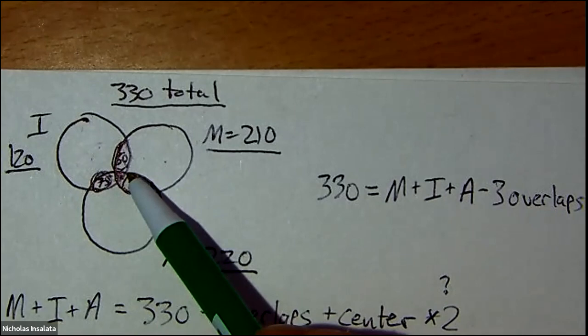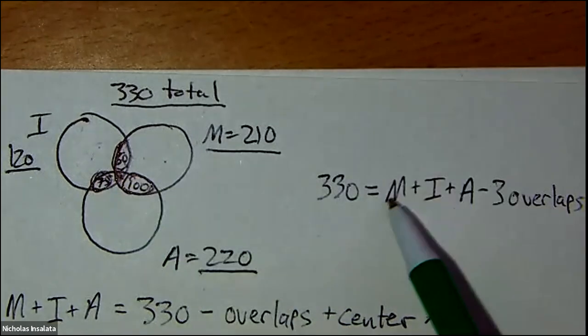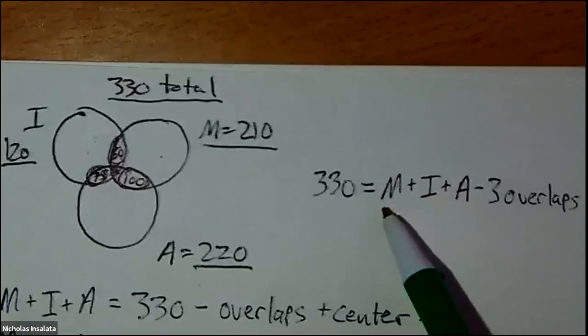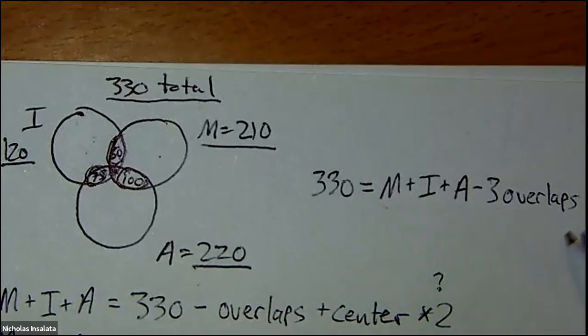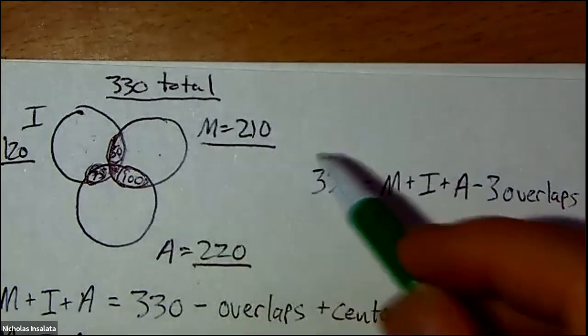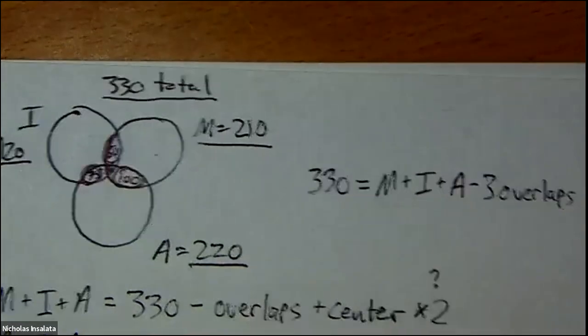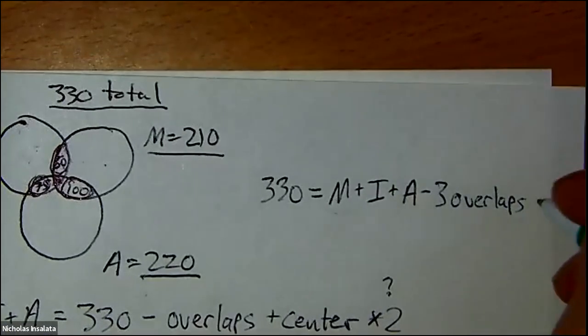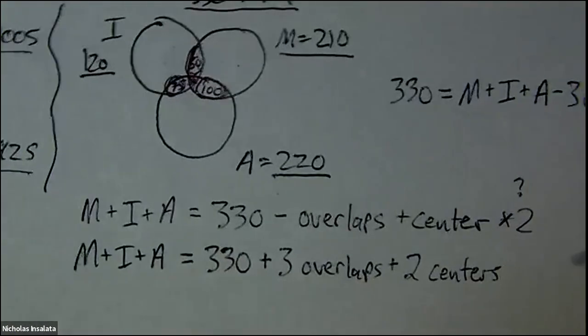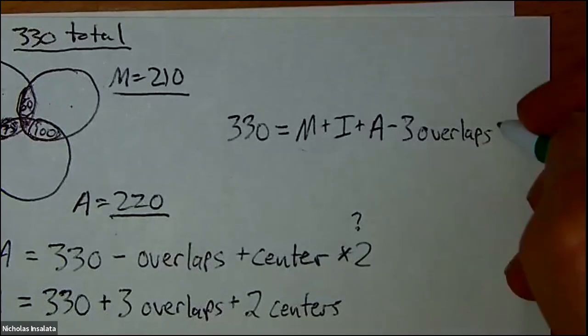So that center was counted 3 times here, M plus I plus A, and then subtracted 3 times here because it's included in each of the overlaps, which means the center has not yet been counted, right? So in order to include that, I have to add in the center, right? Which is exactly what you had down here, so plus center.